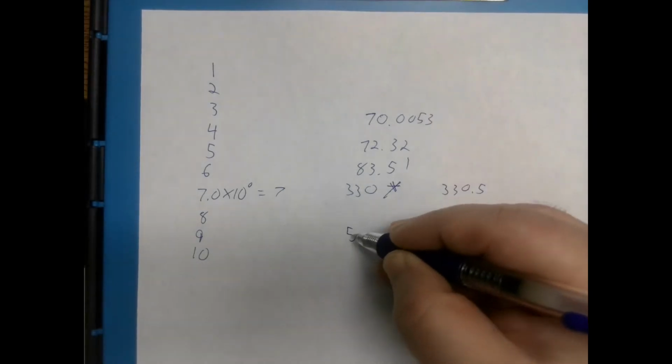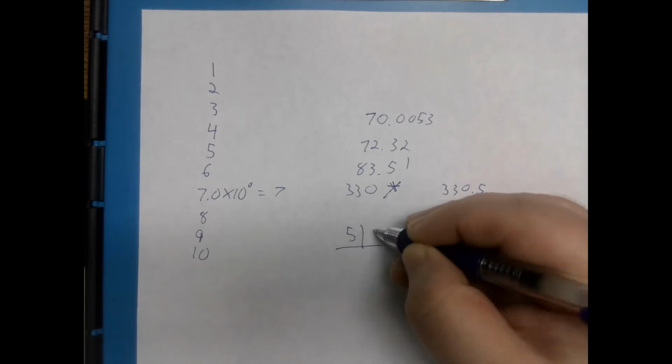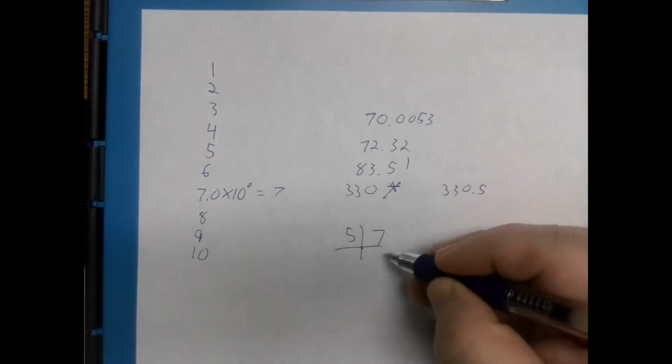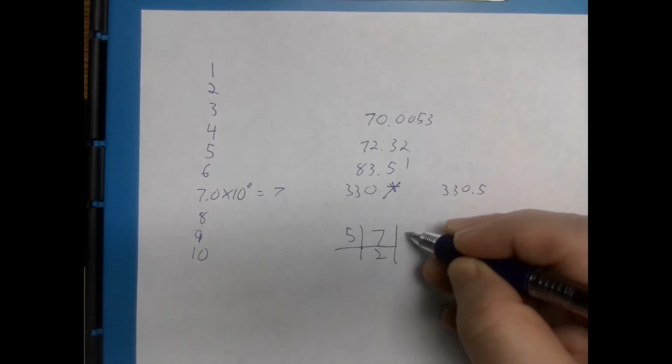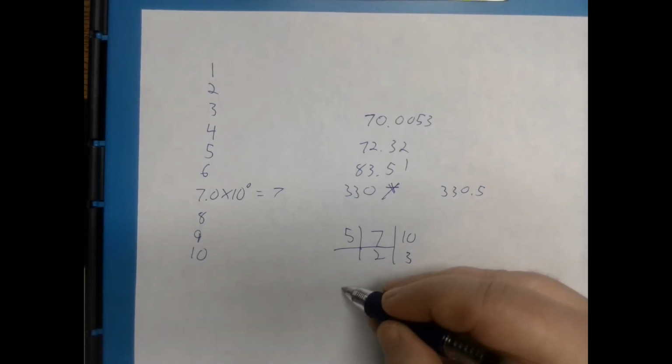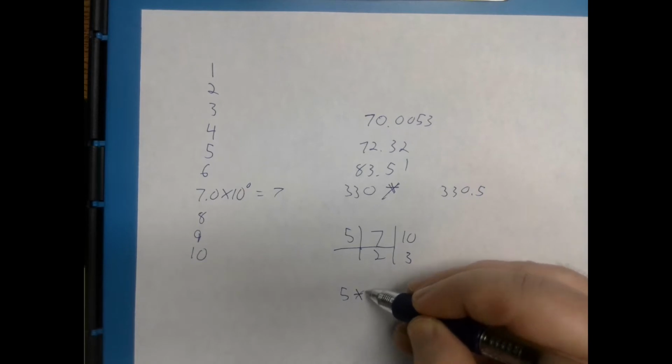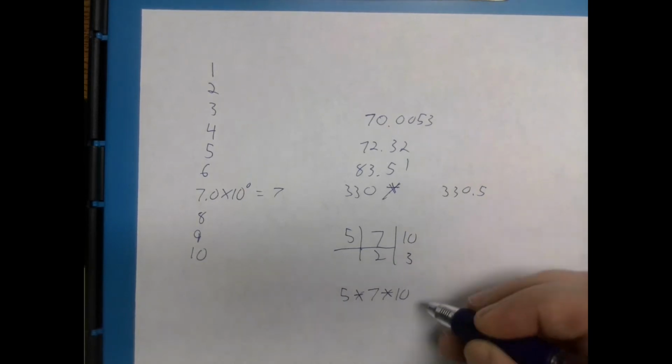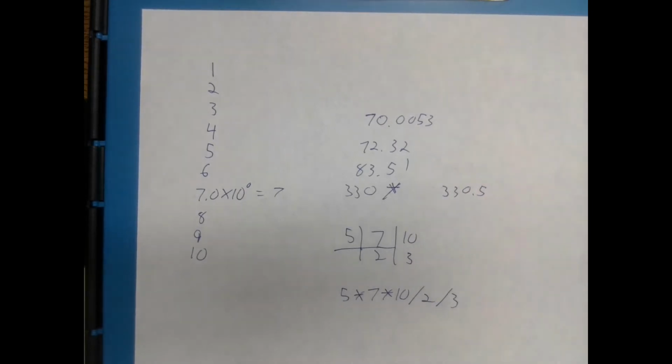So if you had 5, 7, and you had 2, and you had 10 and 3, you could plug into the calculator 5 times 7 times 10 divided by 2 divided by 3. You could do this. Paul, if you have 5, 7, 10, 2, 3, you can put in star 7, star 10, slash 2, slash 3. Yes.